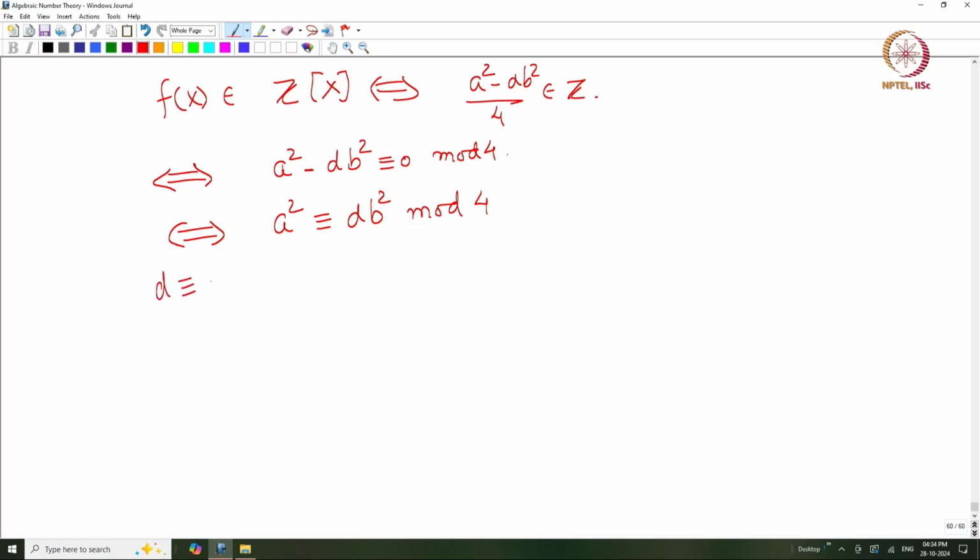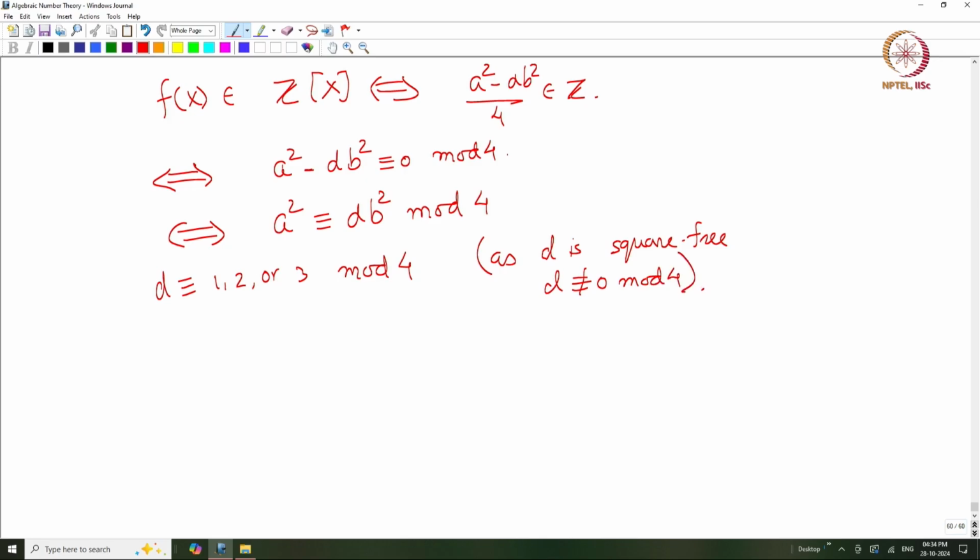So, it is not congruent to 0 mod 4. So, it is 1 mod 4, 2 mod 4 or 3 mod 4, as d is square free. Square free d is not congruent to 0 mod 4.